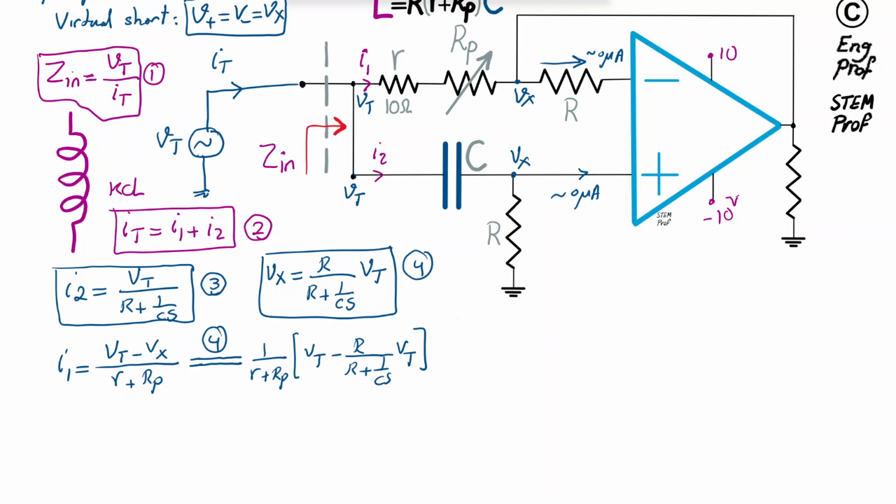So further simplifying, I1 is equal to 1 over R plus Rp, and in the numerator the rest of it is just 1 over Cs, divided by R plus 1 over Cs, and then times Vt. Let's refer to this one as equation number 5.